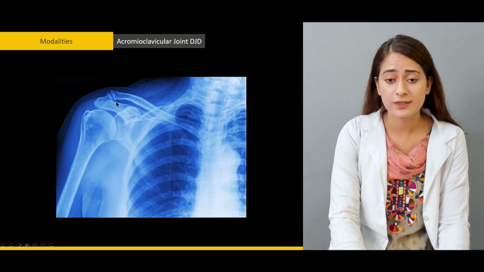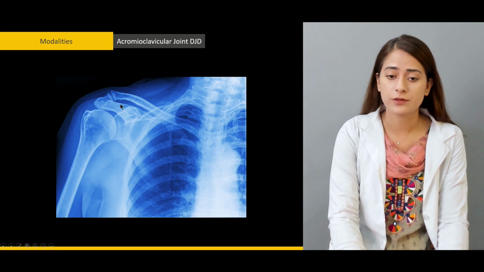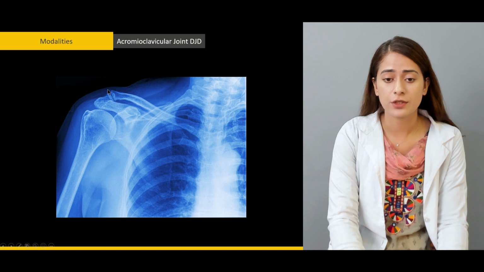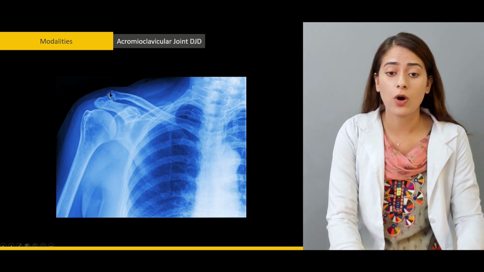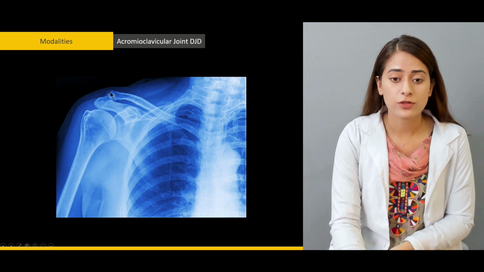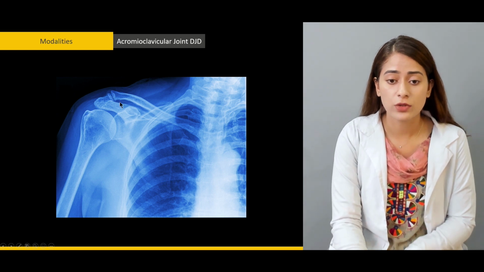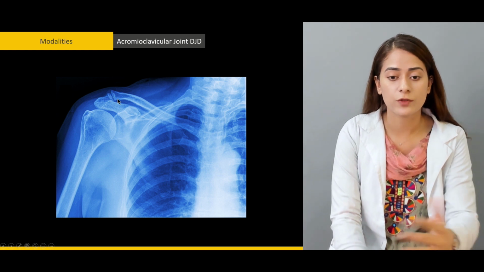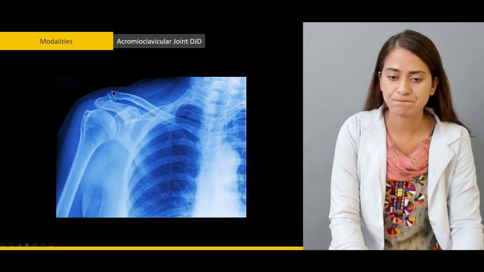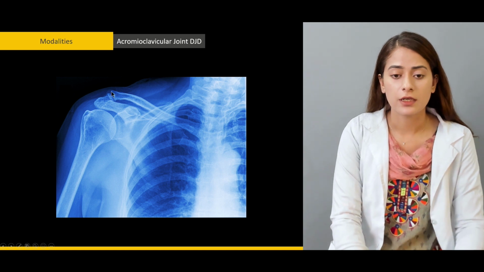So there we can see there is obvious sclerosis here, joint space narrowing here. The capsular structures seem inflamed, because these are not supposed to be visible on radiograph, right? So these structures, the capsule, ligaments or tendons that are attached here, shouldn't be visible unless there is some calcification or these factors.